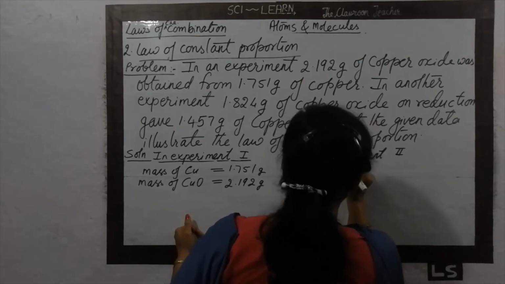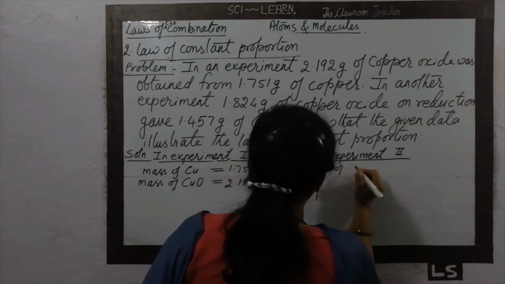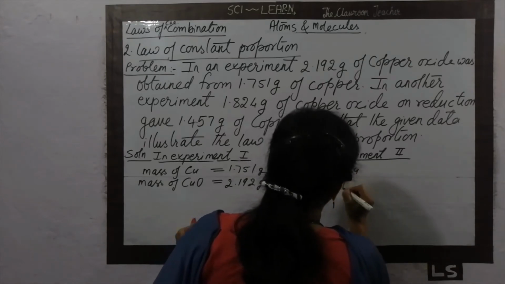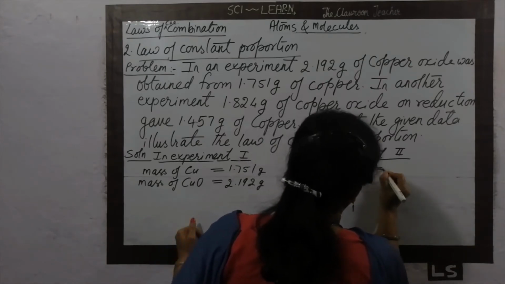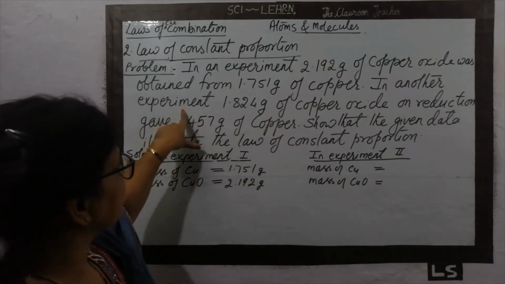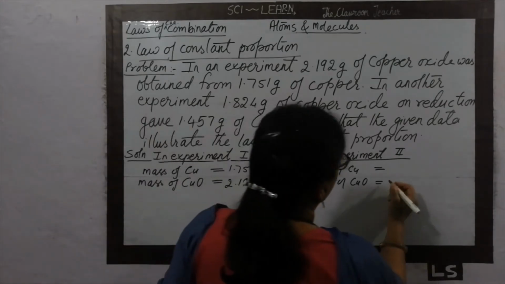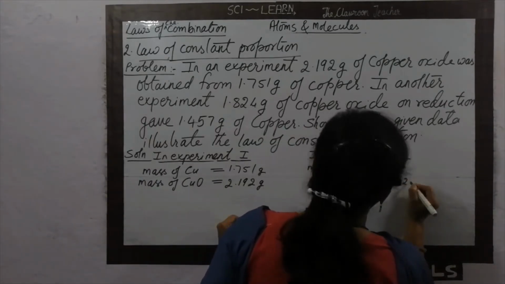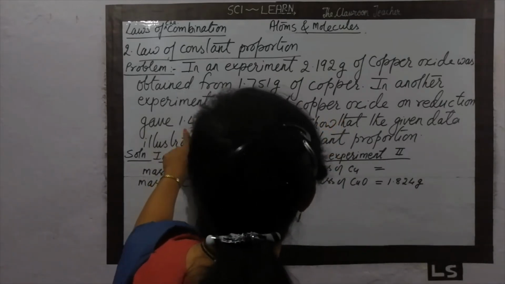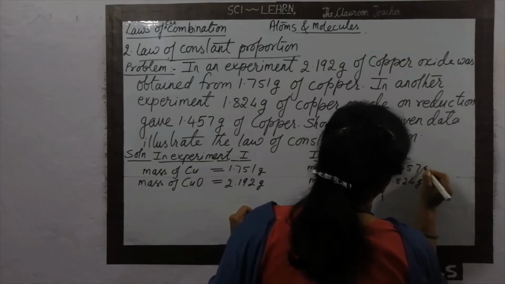Similarly, in experiment 2, the masses are given: the mass of copper and the mass of copper oxide. In another experiment, 1.824 gram of copper oxide, and the mass of copper is 1.457 gram.